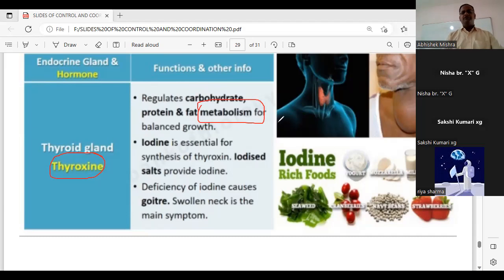Any guesses? What do you mean by the term metabolism? Raise your hand so that I can unmute you. In the chapter on life processes, we have discussed it a number of times.